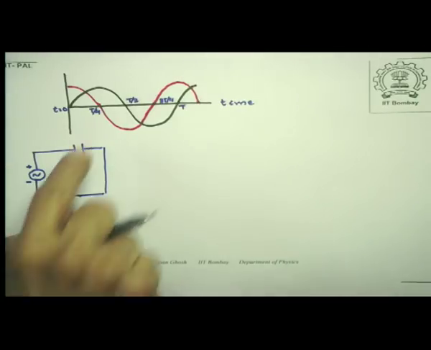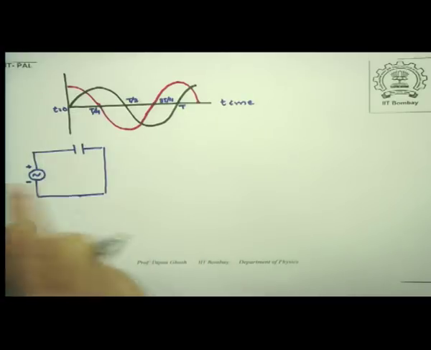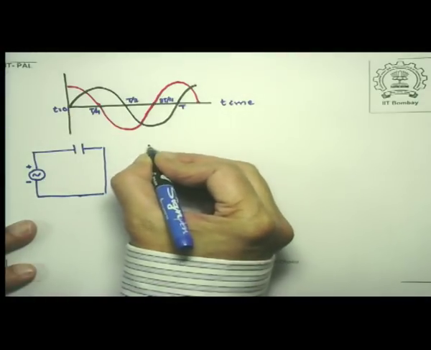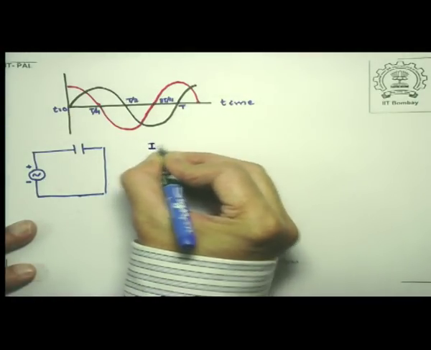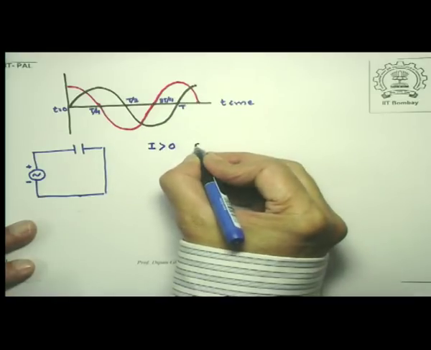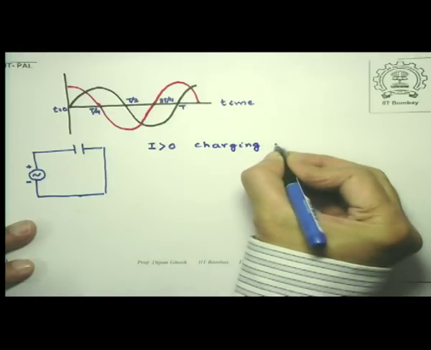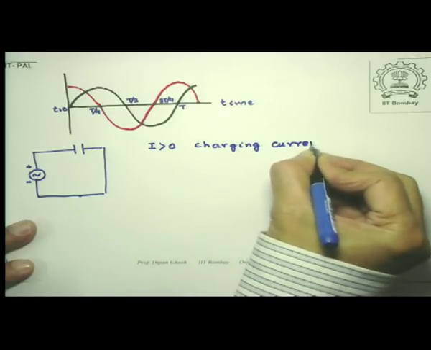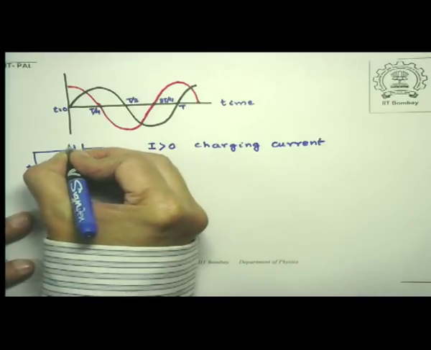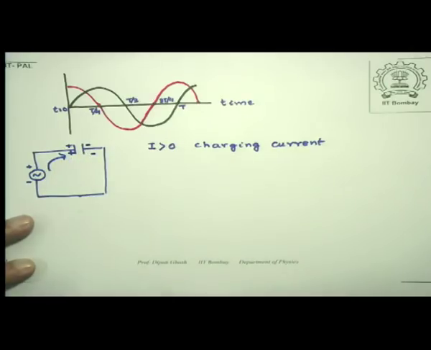So my voltage is 0 but is increasing, and the current has become maximum, and current also is positive. So I is greater than 0. Therefore there will be a charging current which will flow like this and will make this plate positive, and naturally this plate will become negative.